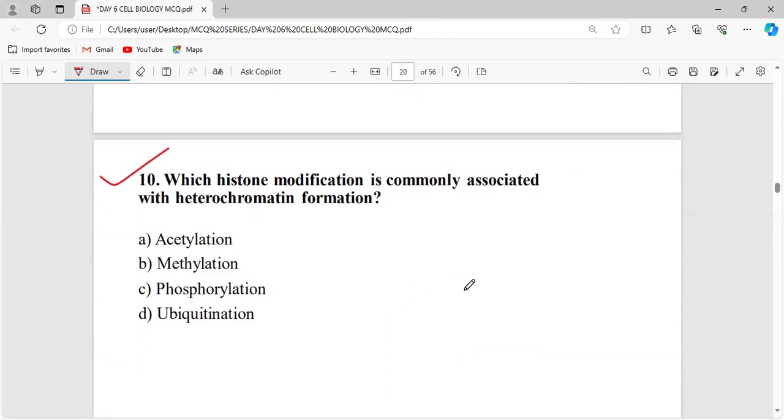Which histone modification is commonly associated with heterochromatin formation, or we can say transcriptionally inactive chromatin? Which histone modification is required for heterochromatin formation?